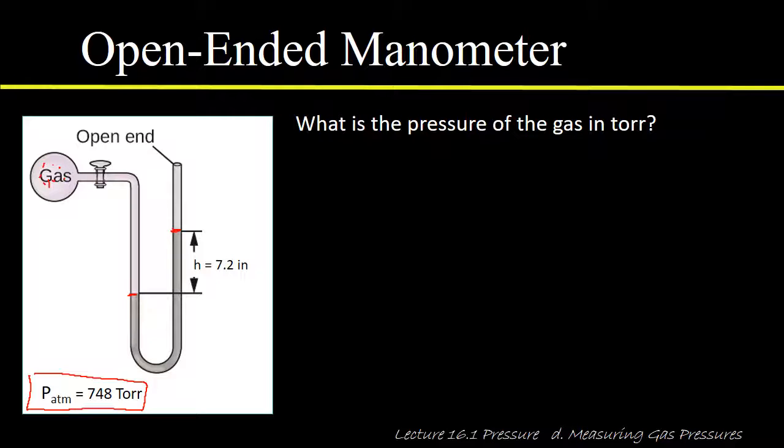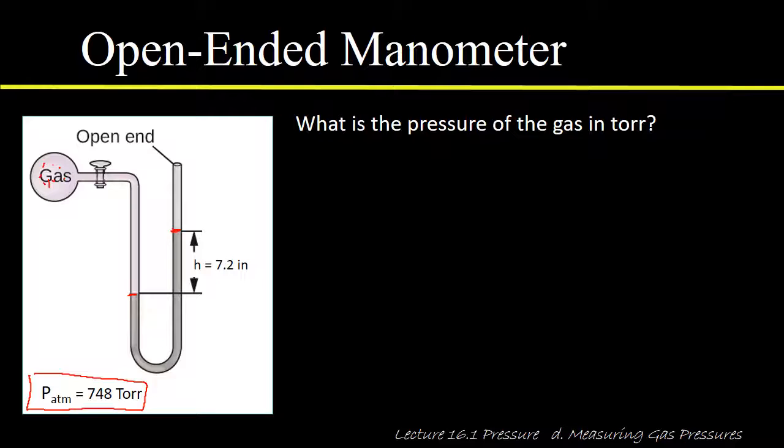Okay, so we're going to do exactly the same thing we did before. The difference here is that in the last problem, if you remember, the mercury was higher on the left side, and in this one it's higher on the right side. That was one of the differences in that confusing diagram that I showed you.